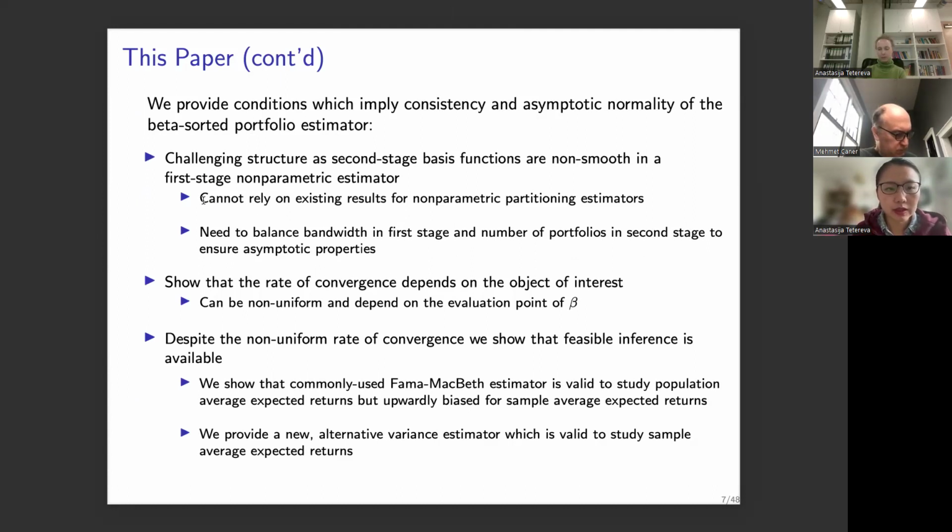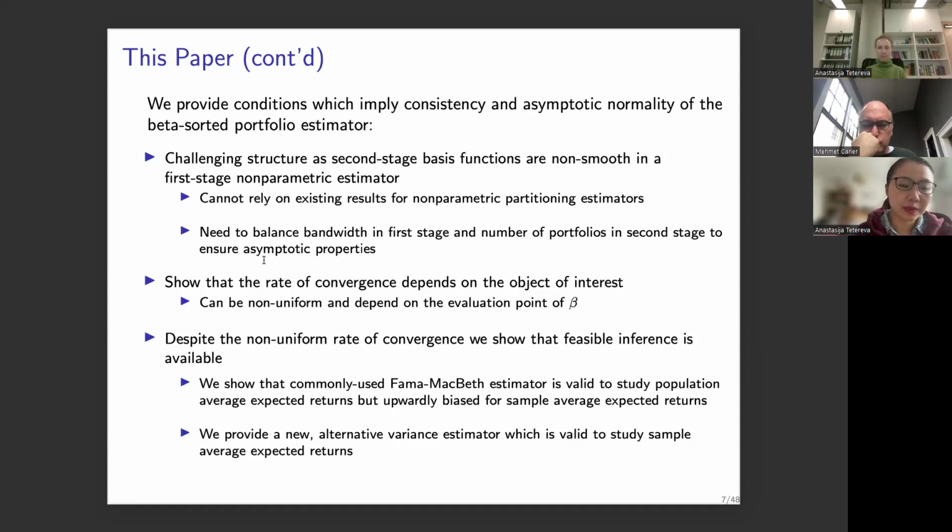So some of the results we cannot rely exactly on existing development for non-parametric estimators. Also, there is an additional issue with this two-step approach: you're balancing between the first step and the second.